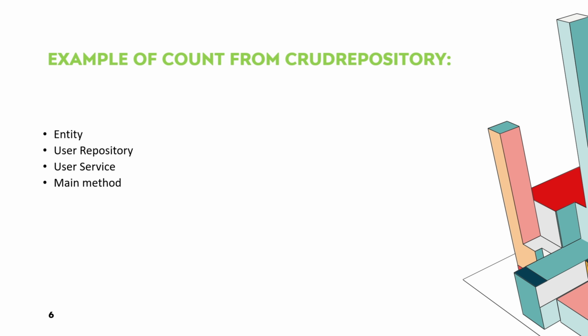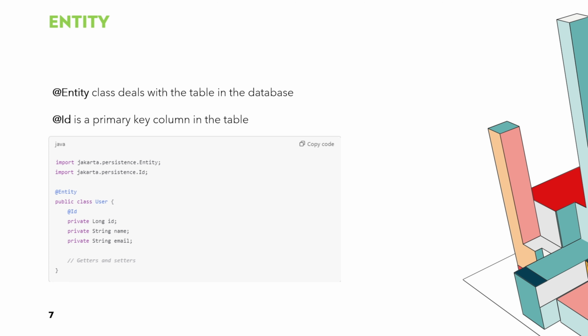To implement this function, we write a few classes: entity class, repository class, service class, and a client class. In the entity class, you should provide the Entity annotation from the Jakarta Persistence package so that Spring Boot reads this class as an entity, which means this user entity deals with a table from the database.